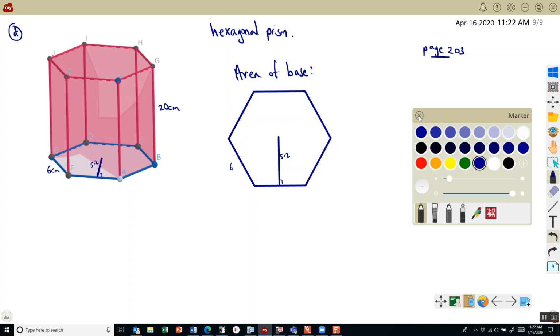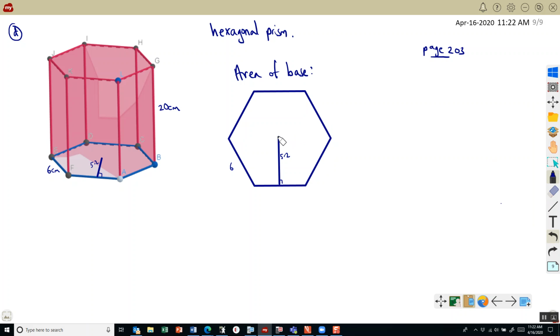If I make this into little triangles like this, I can work out the area of this triangle, and then I realize, how many triangles make up this hexagon? There's 1, 2, 3, 4, 5, 6. Multiply my answer by 6, then that will give me the total area.